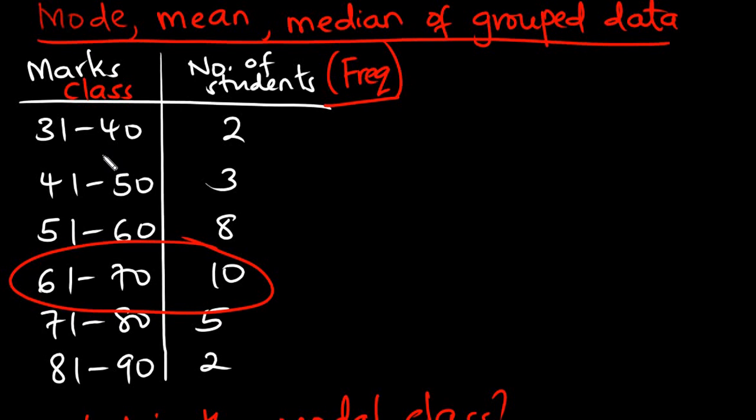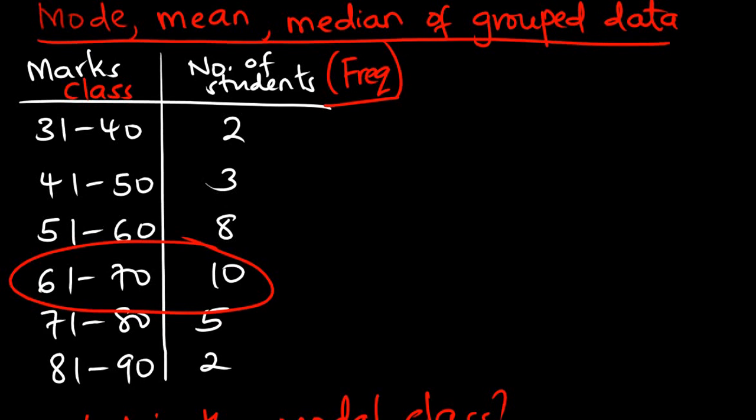We don't know whether it's 32 or 34 or 37. For the class 41 to 50, there are 3 students, but we don't know the exact mark. We don't know whether it's 42, 43, or 45. So what we do is use an approximate value.